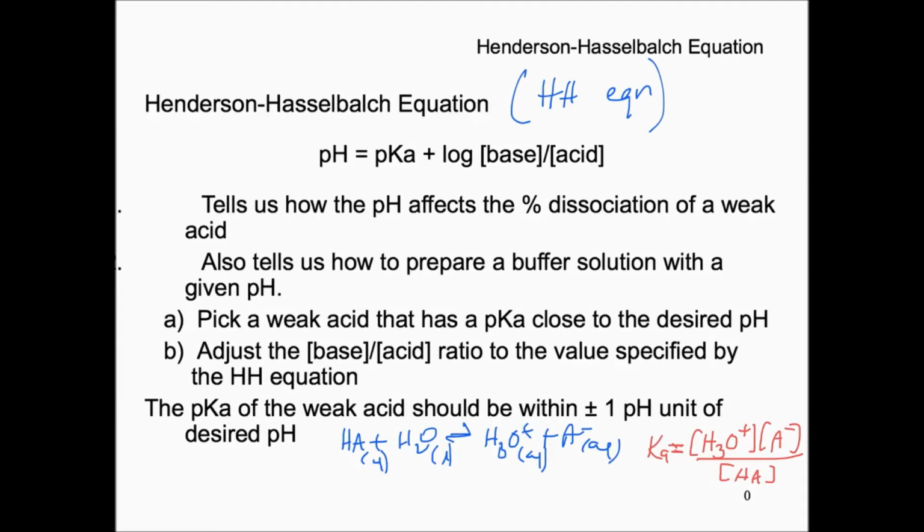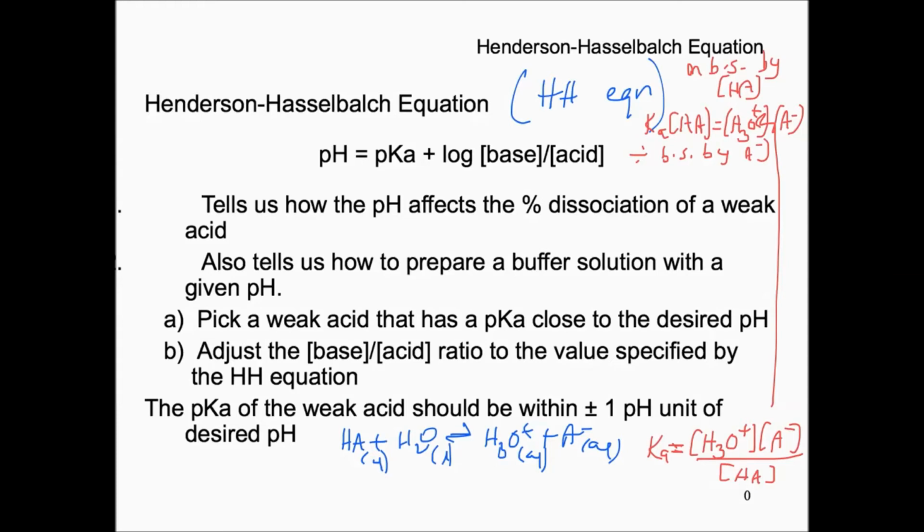So you can write down, multiplying both sides of the equation by HA, that Ka times HA is equal to hydronium times A minus, and I'm going to divide both sides by A minus.